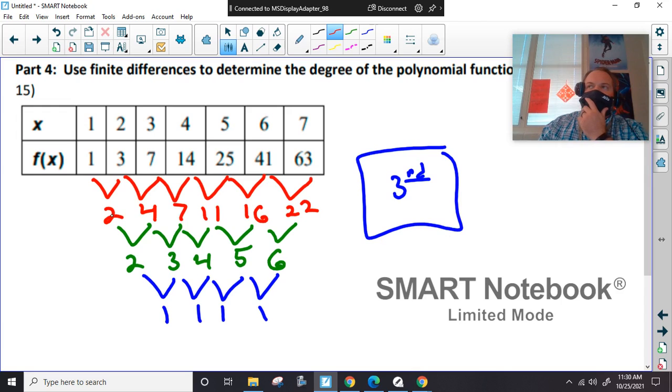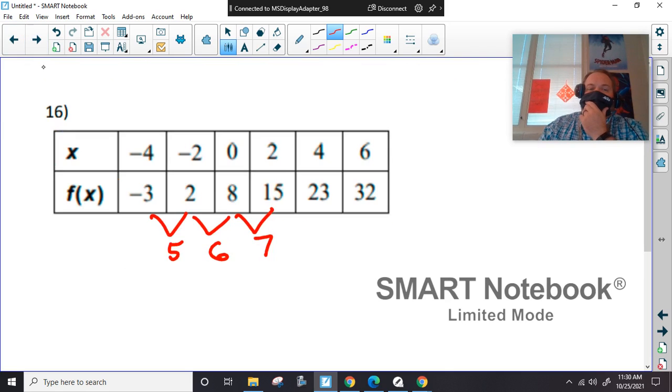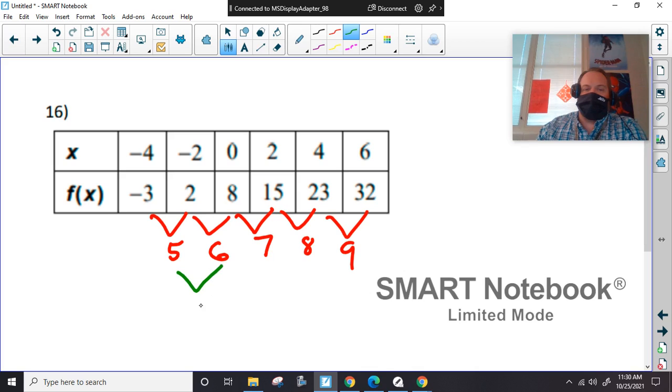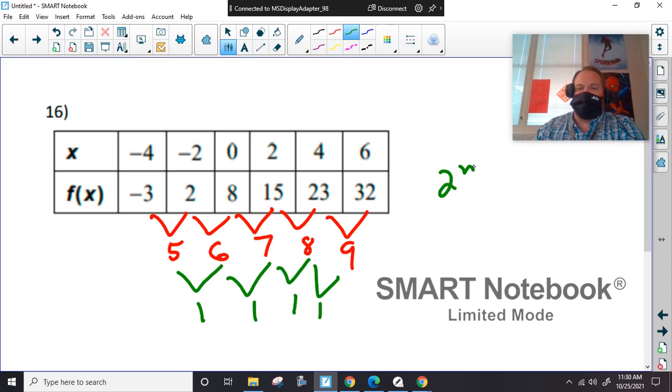What's 4 minus 2? What's 7 minus 4? What's 11 minus 7? 16 minus 11. 22 minus 6. Those aren't the same, but this one is. So this is a second degree.